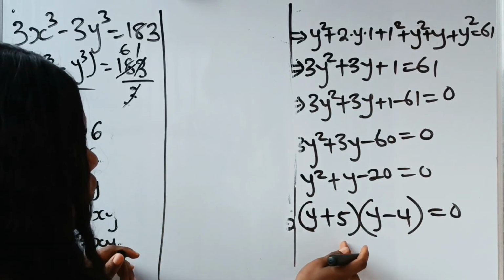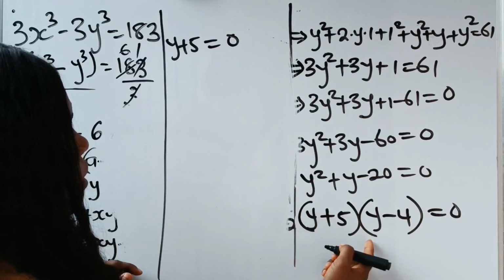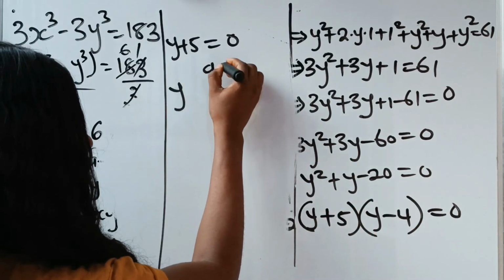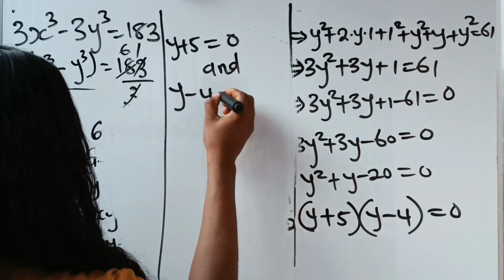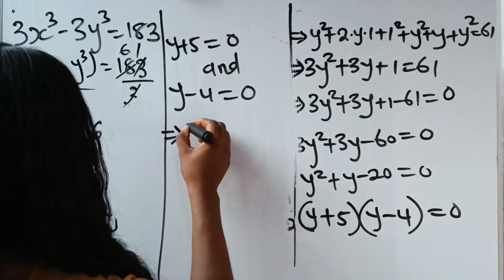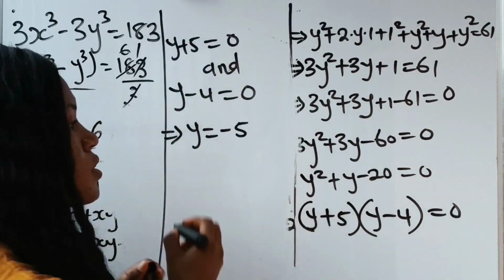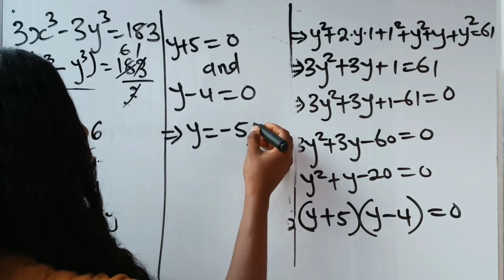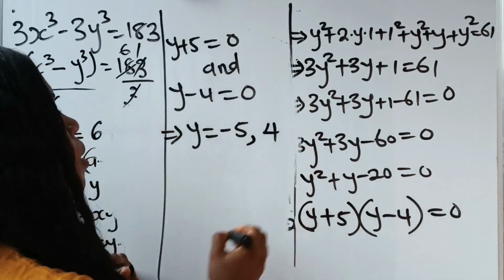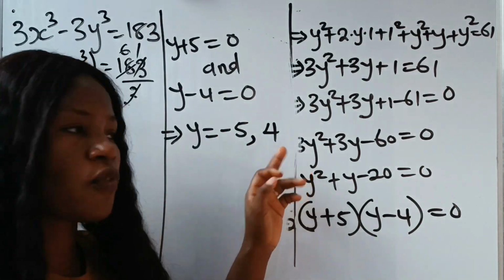So we can say from here that y plus 5 is equal to 0, and y minus 4 is also equal to 0. Therefore, the two values of y we are going to get: y is equal to, this plus 5 we cross to give us minus 5, and y is also equal to, this minus 4 we cross to become plus 4. So y is equal to minus 5 and plus 4.